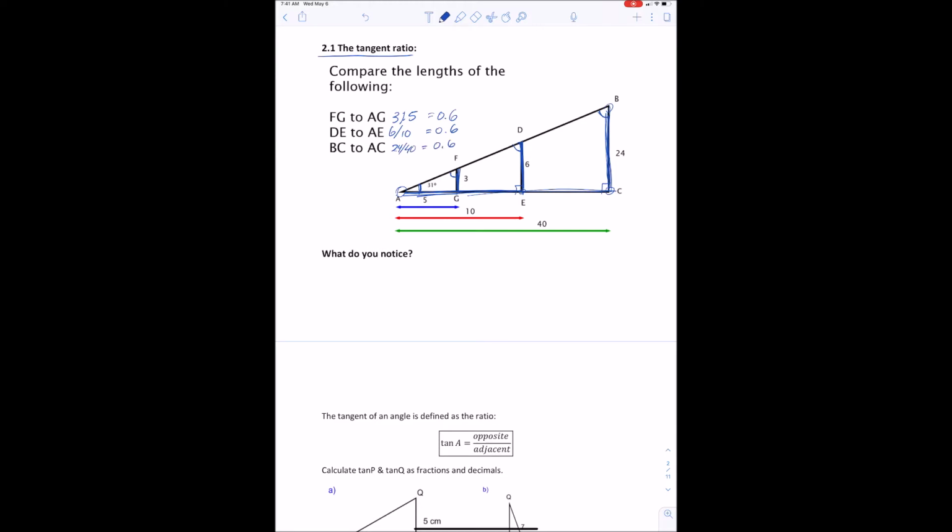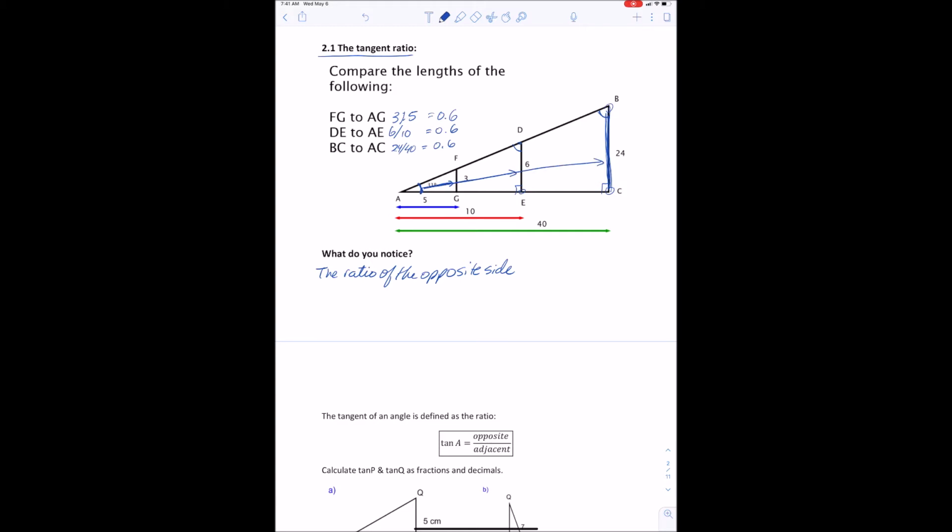So we notice that the ratio of the opposite side, so notice that in these triangles, from the angle at 31, this is its opposite side. So is this, and so is that in the large triangle.